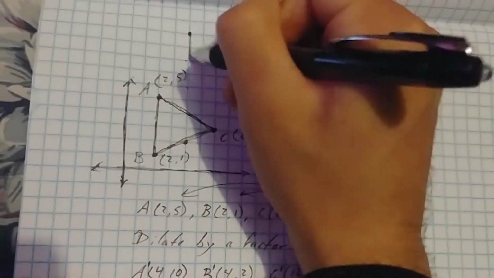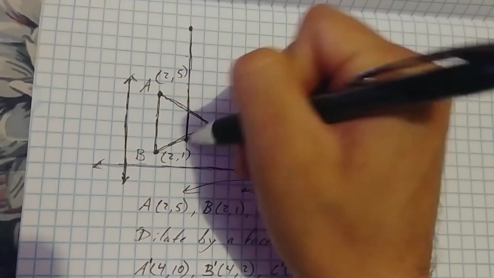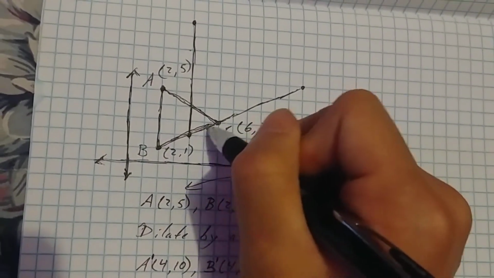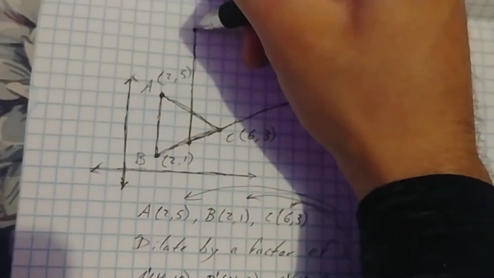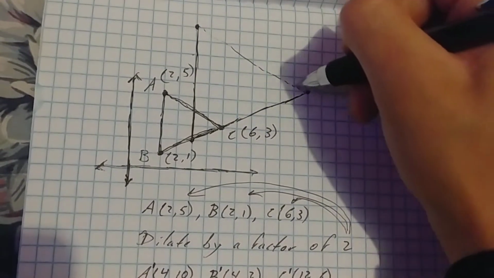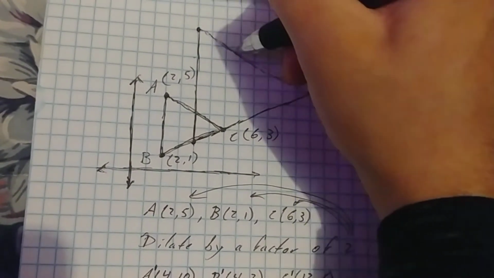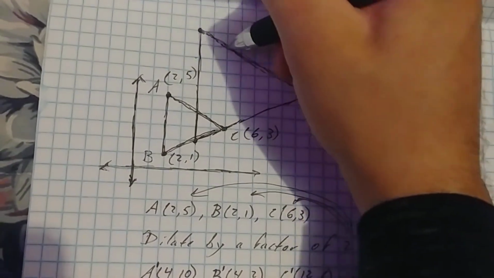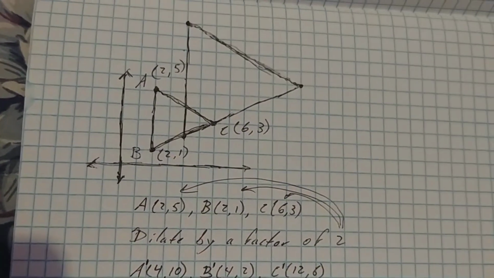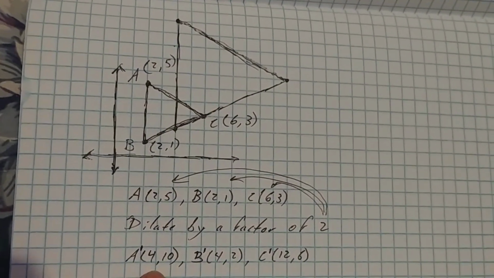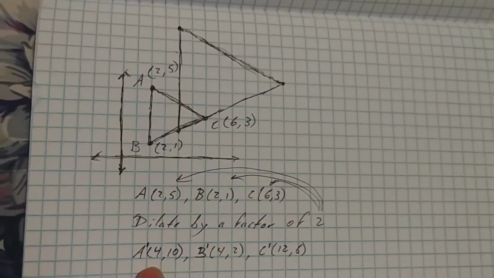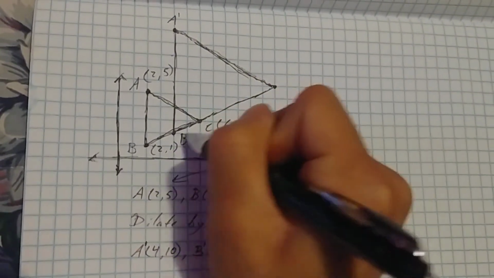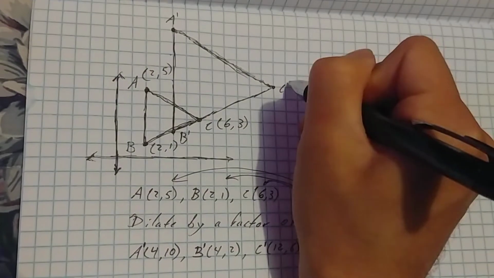So my new shape, my dilated figure, now looks something like this. This is my new dilated figure. Again, I want to label each vertex. So I have my A prime, my B prime, and my C prime.